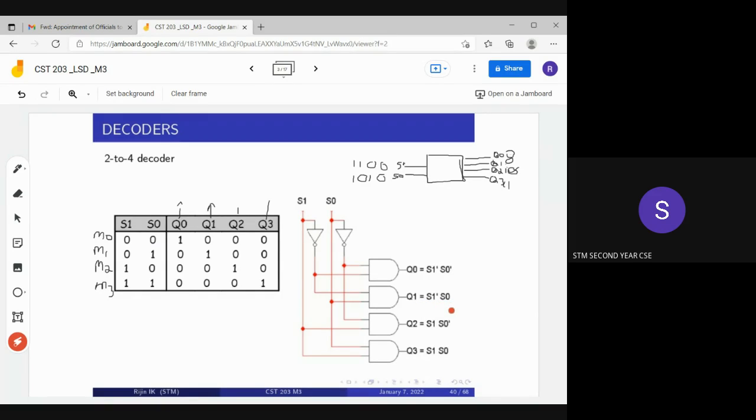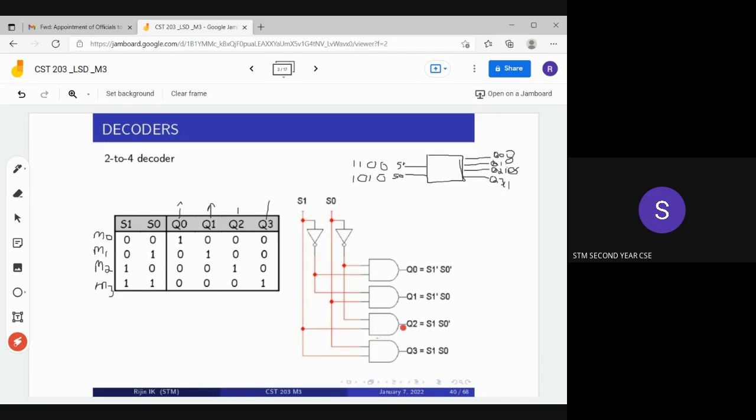Similarly, you can draw the logic circuit for Q2. What is Q2? The corresponding min term is M2, that is S1 is equal to 1 and S0 is equal to 0. That means S1 S0 dash. Here S1 is this one, S0 dash.